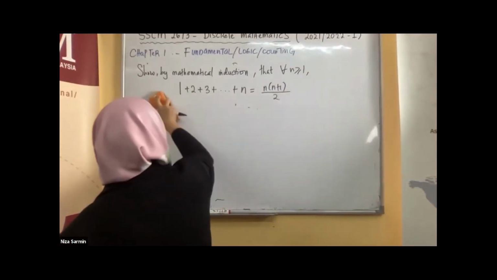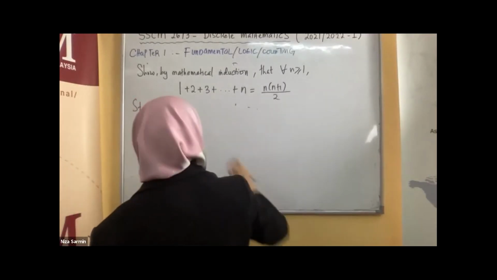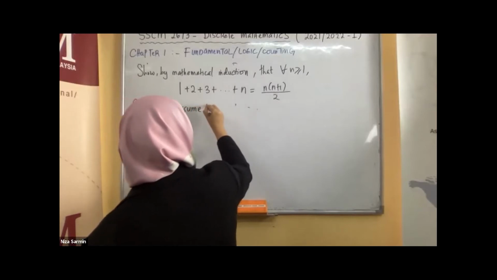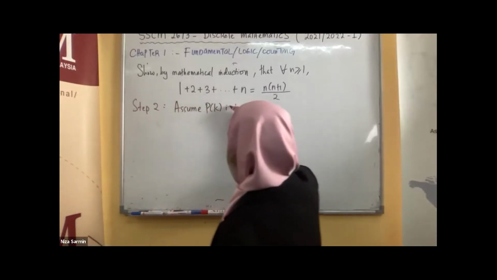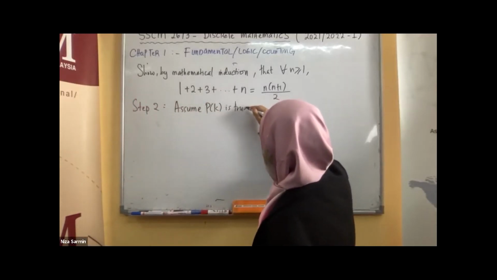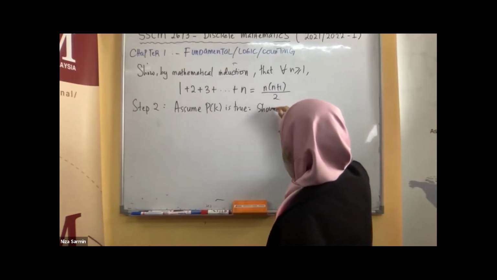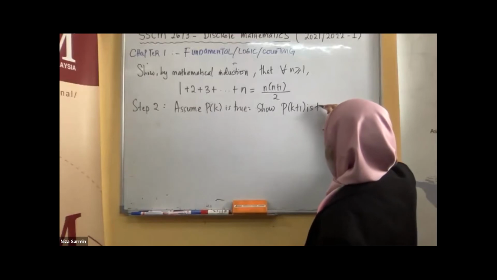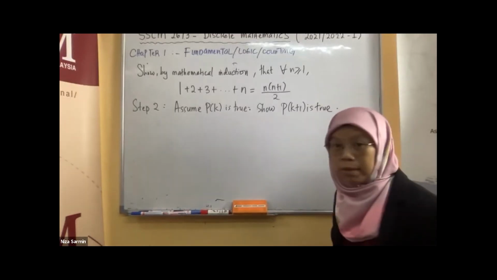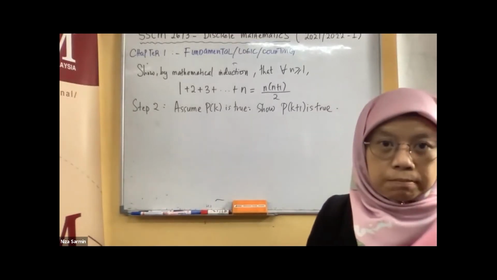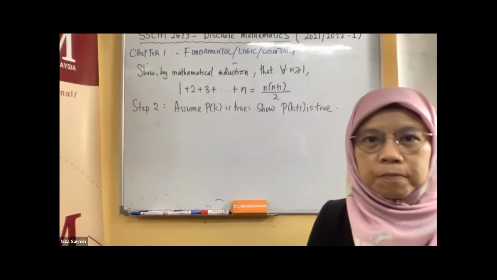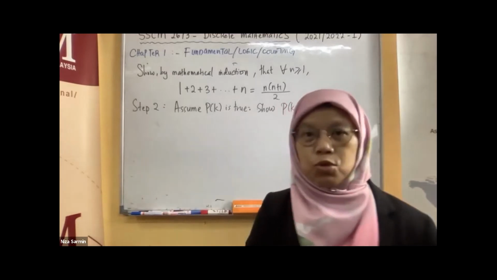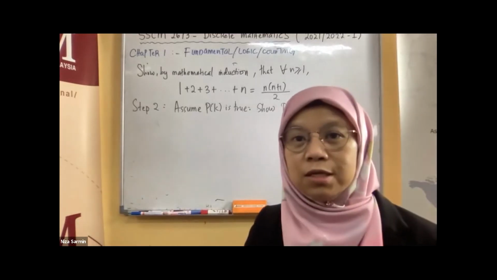Now, step 2. Step 2 is assume Pk is true, show Pk plus 1 is true. Normally, under mathematical induction, the algebra, the one that you are doing in step 2, is quite straightforward or easy.